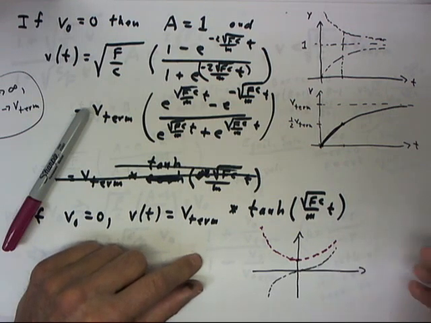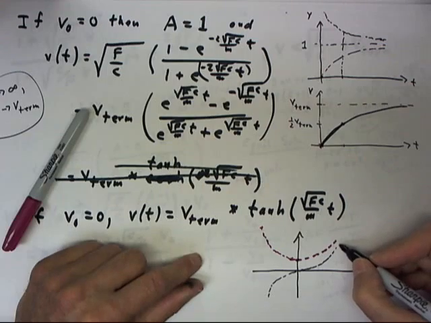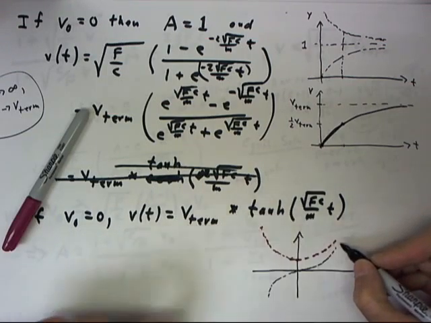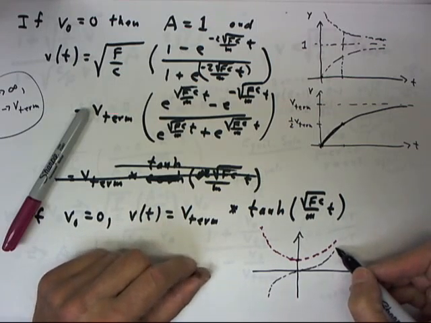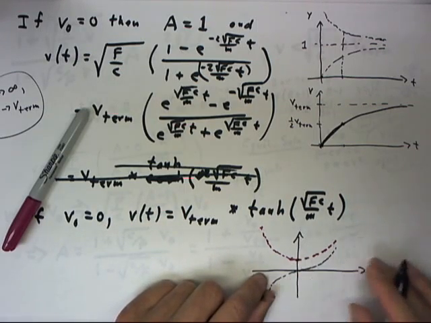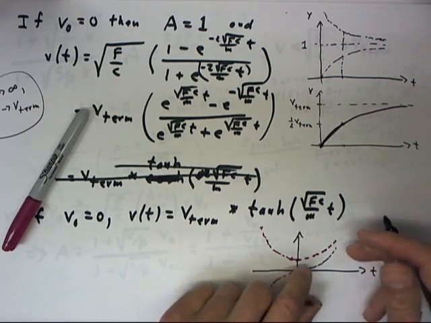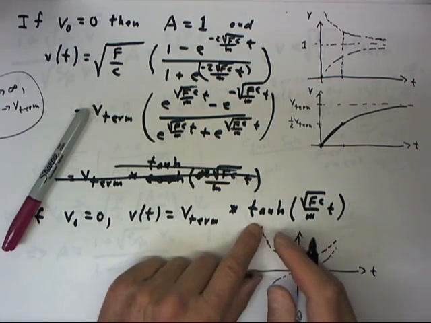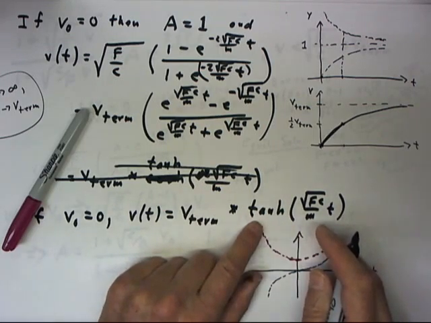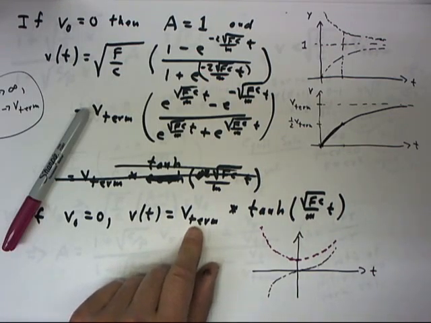I'm not going to draw that graph in here, but these both approach the same graph as an asymptote, so they're going to come together as closely as we might wish, so that as t approaches infinity, the ratio of these two functions is going to be 1. So the hyperbolic tangent is going to approach 1, and again our velocity is going to approach our terminal velocity.